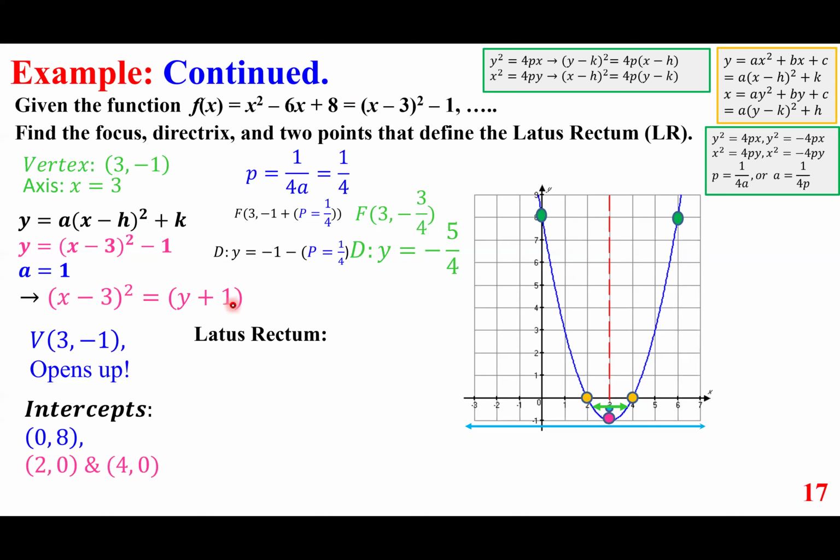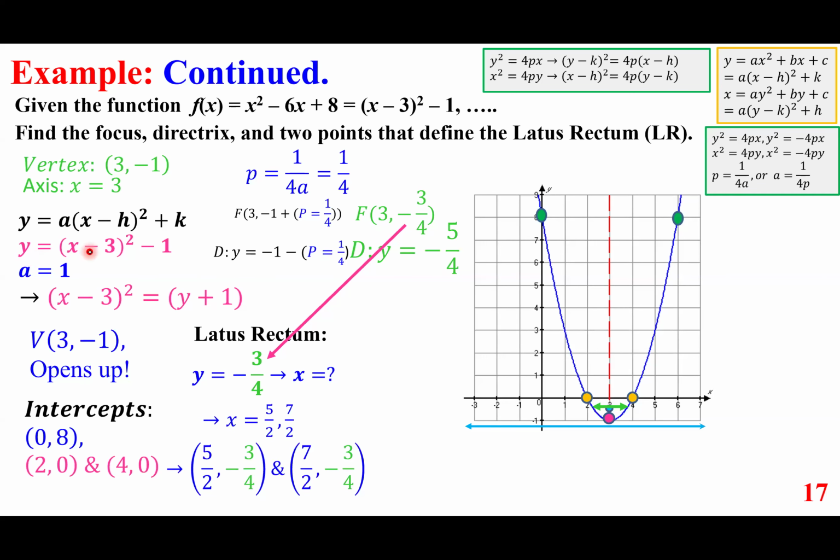So y is -3/4. Find x. How do you find it? Perhaps it's easier to go to this equation. Replace the y with -3/4 and find x. If you go through that, you get 5/2 and 7/2. So the endpoints have coordinates (5/2, -3/4) and (7/2, -3/4).